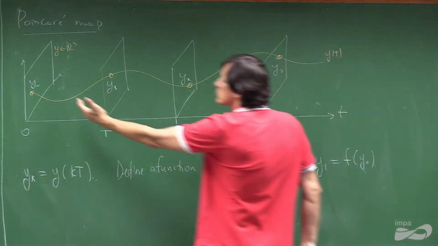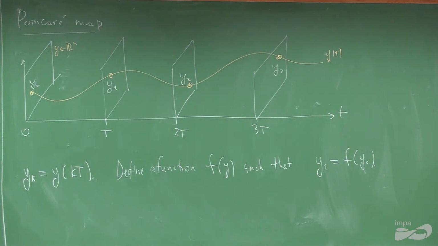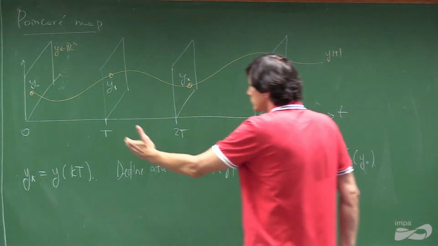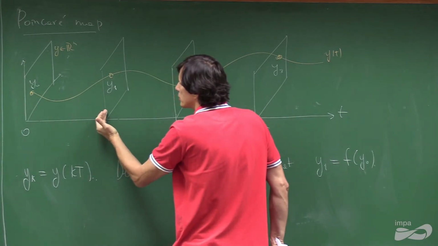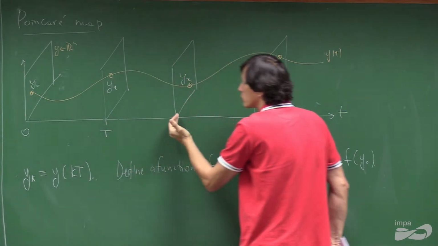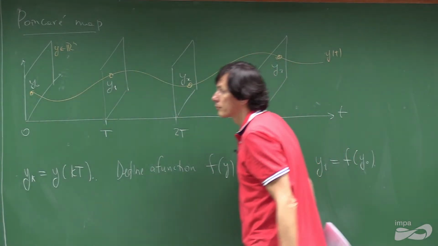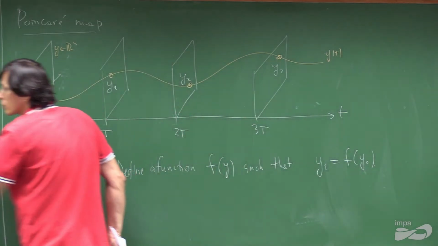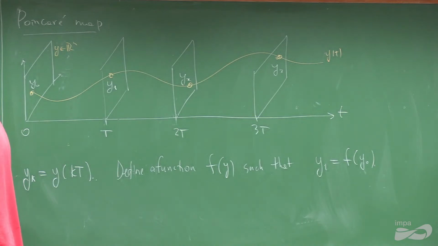This function exists and it's unique; the theory of differential equations tells you that under certain assumptions this function exists. Now the evolution from 0 to 1 period is exactly the same as from 1 period to 2 periods, because of the periodicity condition, for any y and t.